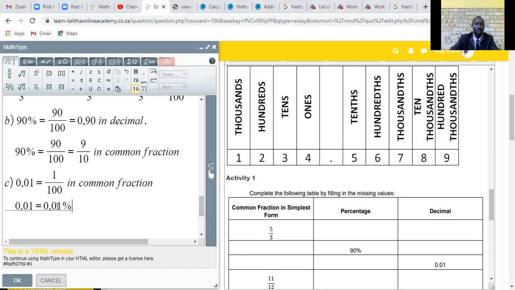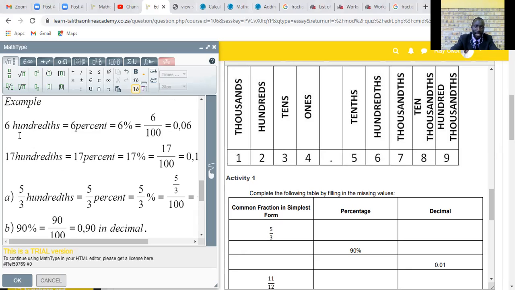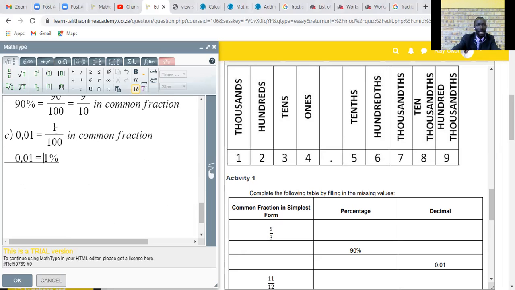Rather, no, it won't be 0.01 in percent, it will just be 1%. Sorry for that. It will be 1%. Just like this one here. So this is how we get there, because we had seen that if it is a 6 hundredth, then it is 6%. And now here we have seen that it is a hundredth, and so it is 1%. Now we can go ahead to the next activity.